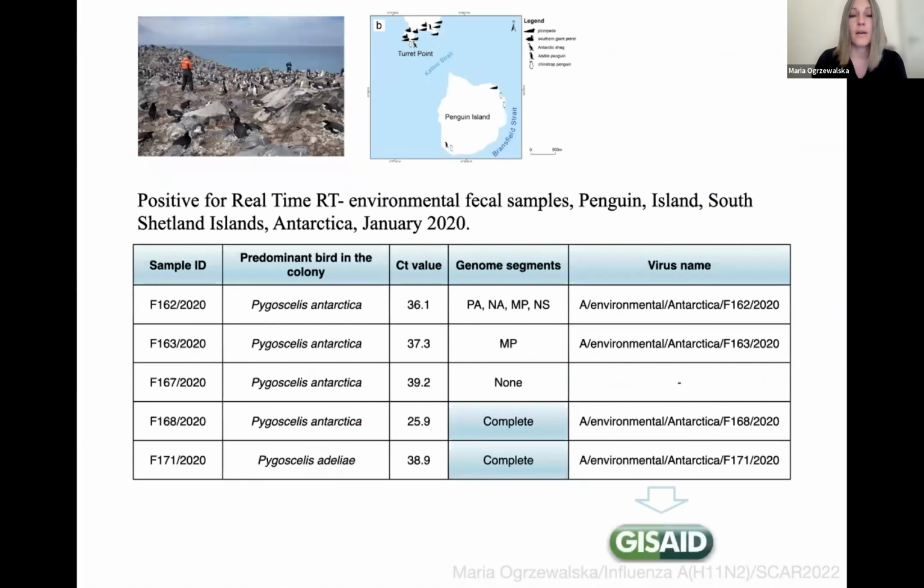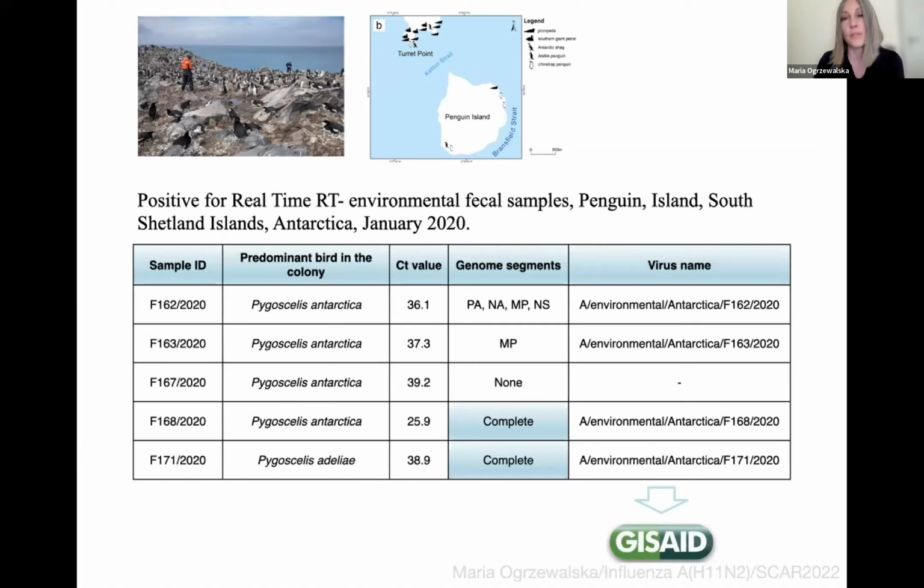However, in 5 fecal samples from colonies, mainly from chinstrap penguin and from one individual of Adélie penguin, we found positive samples. And from two of them, we were able to obtain complete genomes.